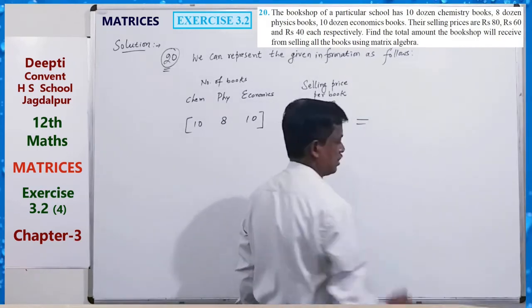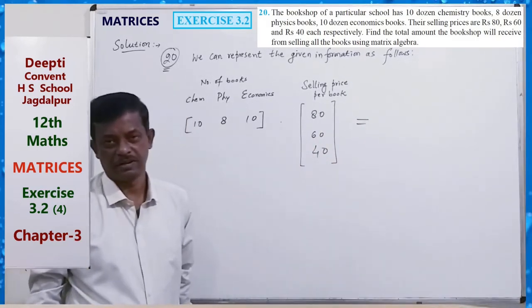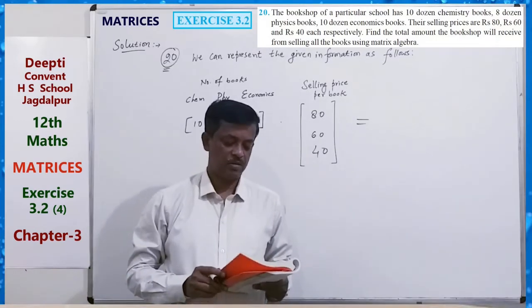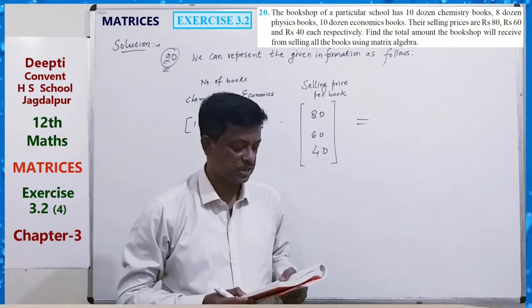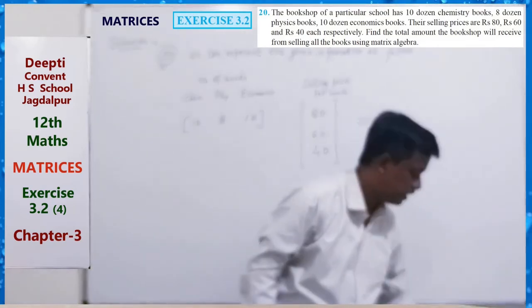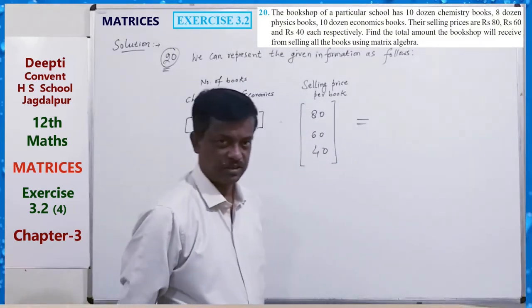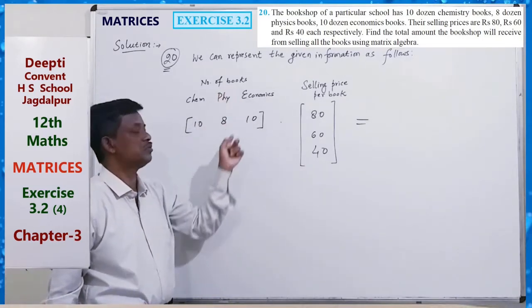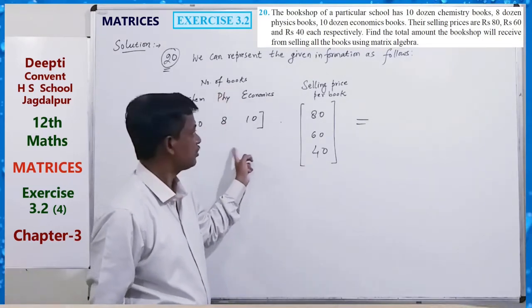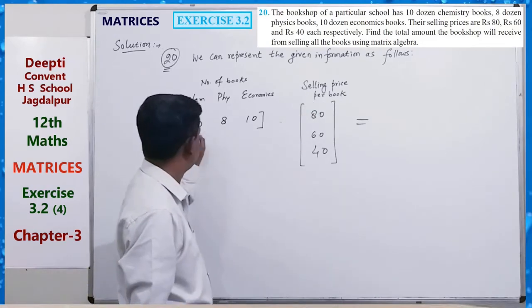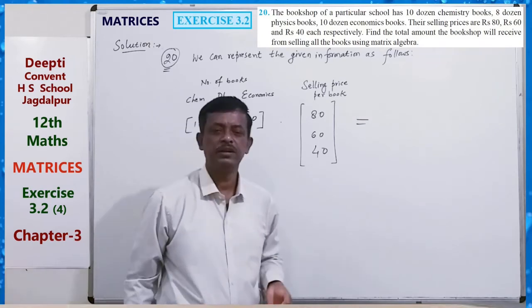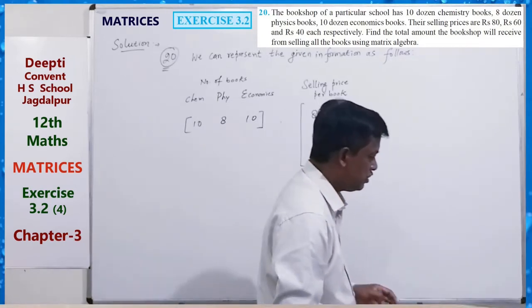We have to find the total amount the bookshop will receive from selling all the books using matrix algebra. So we use the row matrix for the quantity of books and the column for the price per book.